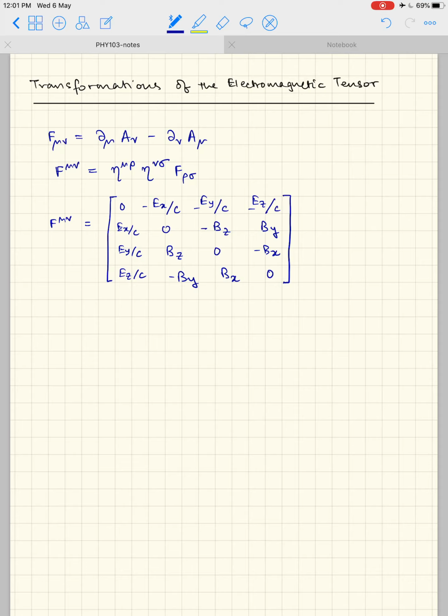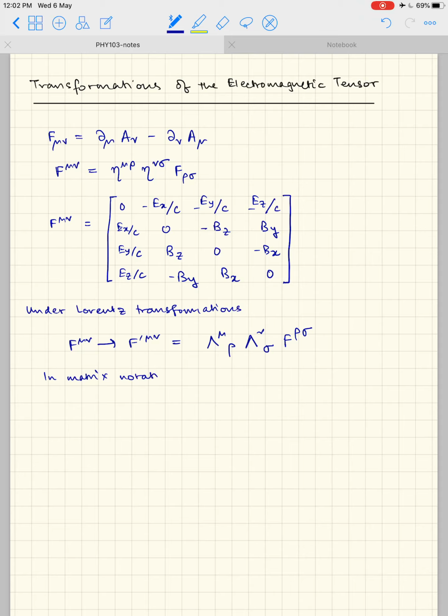So under Lorentz transformations, F mu nu goes to F prime mu nu, which is given by lambda mu rho lambda nu sigma F rho sigma, or in matrix notation, F goes to F prime, which is equal to lambda F lambda transpose. So this was the form.